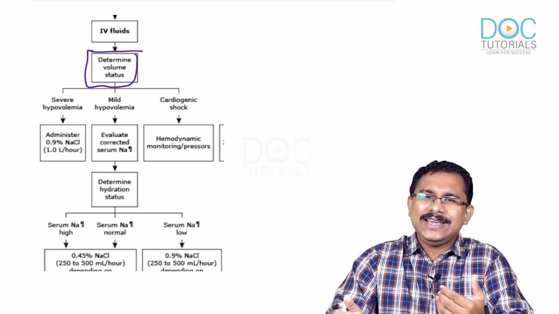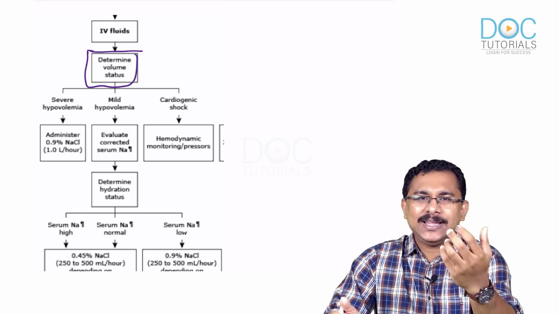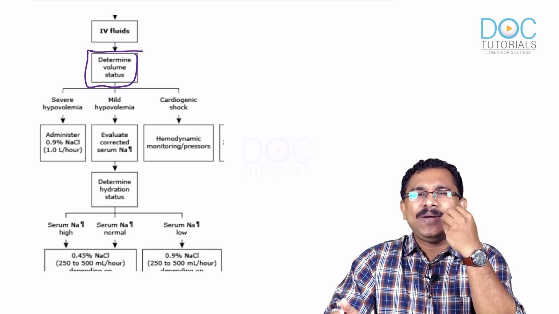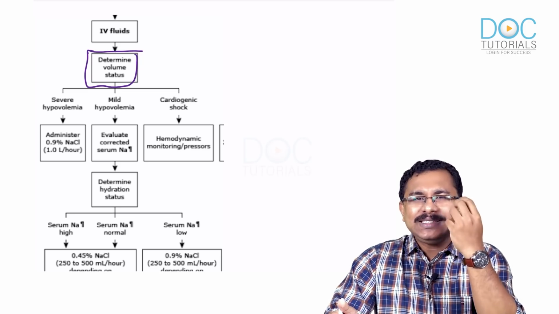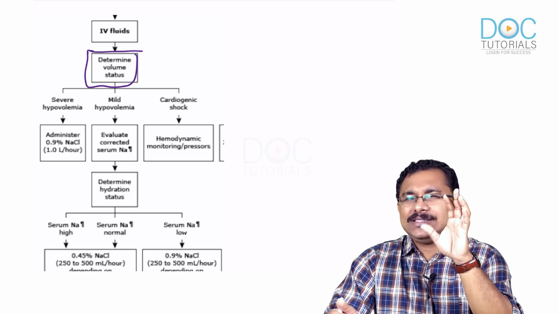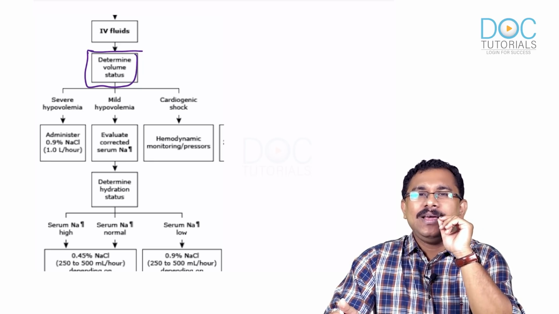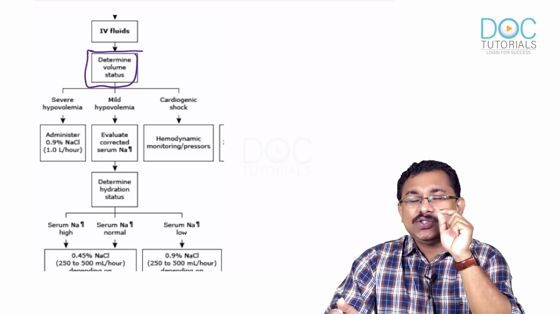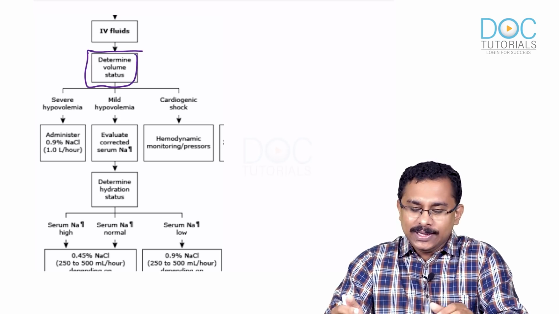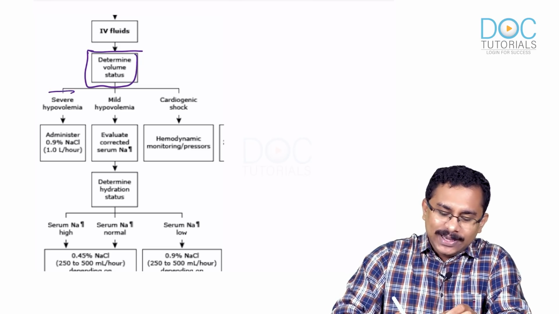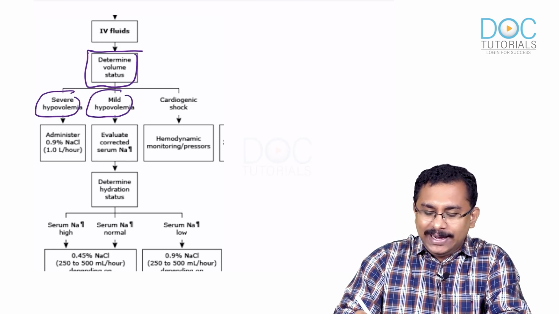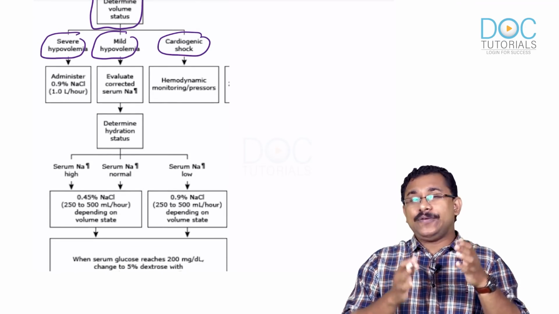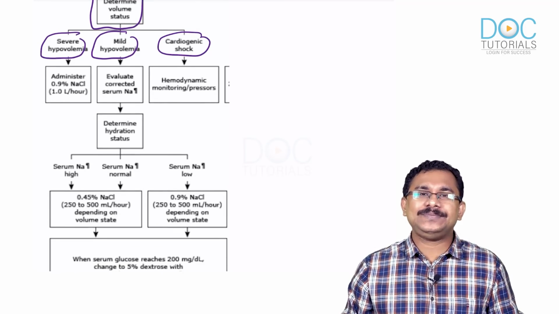So suppose you are seeing the patient in the casualty and you see that the oral mucosa of the patient is very dry, it's itself giving you an indication, okay, he's very much volume depleted. And you check the blood pressure, it is very low, again giving you an indication he is too much volume depleted. Okay, so that is very important. So it can be a severe hypovolemia, mild hypovolemia, or sometimes a cardiogenic shock. Okay, so the fluid replacement has to be accordingly.